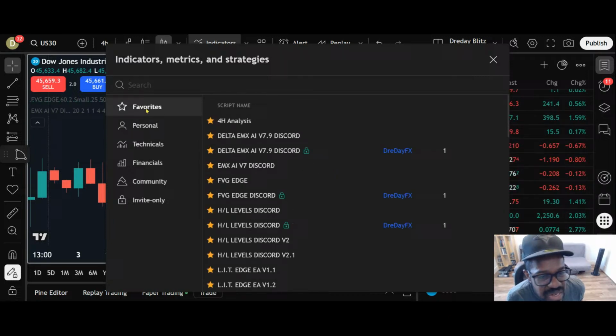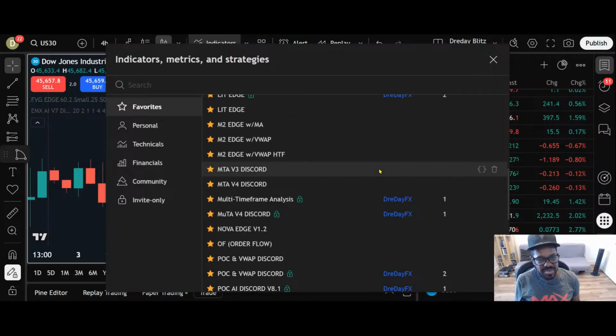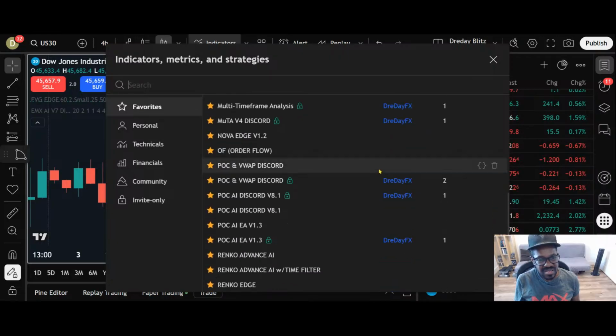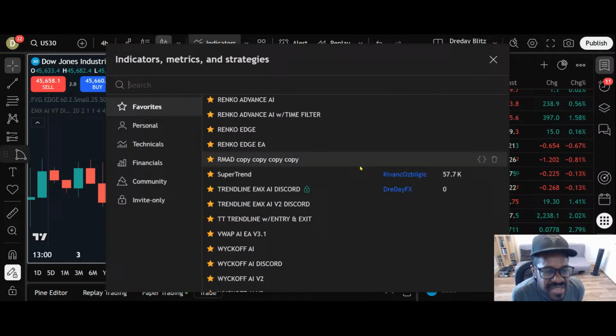if I open the trend indicator that I'm going to provide you, that is called Nova. If I'm able to find it here.